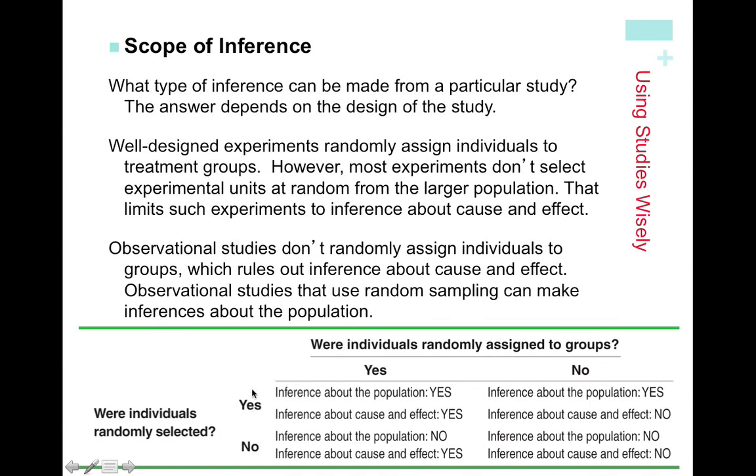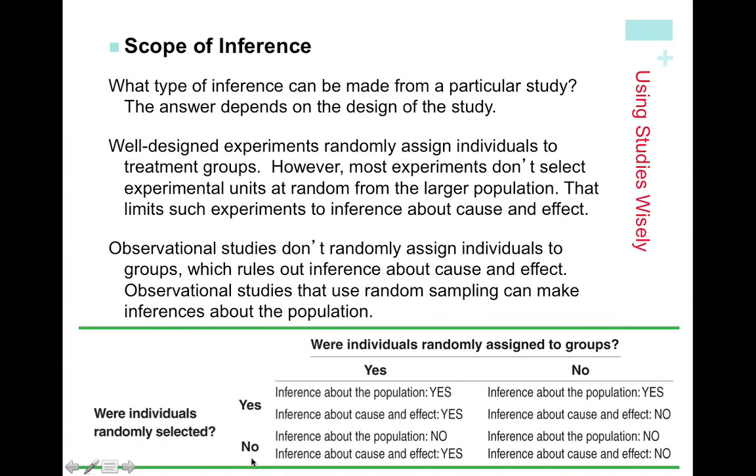So if the individuals are randomly selected and you randomly assign them to groups, so you're very controlled there, then you can infer something about the population and you can infer something about cause and effect. If the individuals were randomly selected but you did not randomly assign them to groups, you can still infer something about the population, but you can't infer anything about cause and effect just because you didn't control in the assignment.